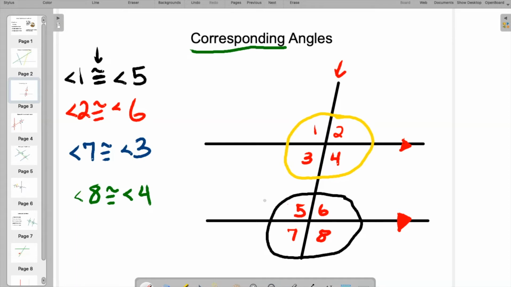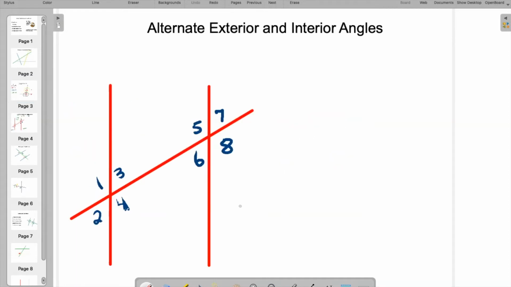While corresponding angles are the angles we use most often, we also use something called alternate exterior and alternate interior angles. Before we talk about how we use them, I just want to define what interior and exterior mean.